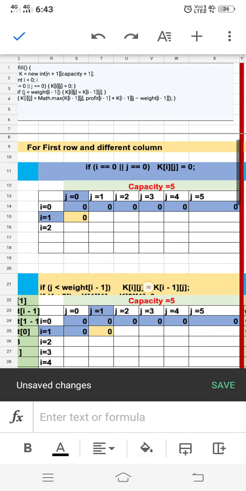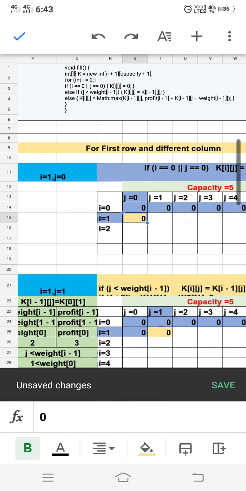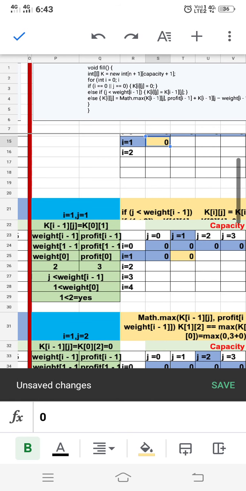So here for i is equal to 1 and j is equal to 0, the entry will get K of i j is equal to 0 because I have j is equal to 0. Now when i is equal to 1, j is equal to 1, what is the weight of the current object?